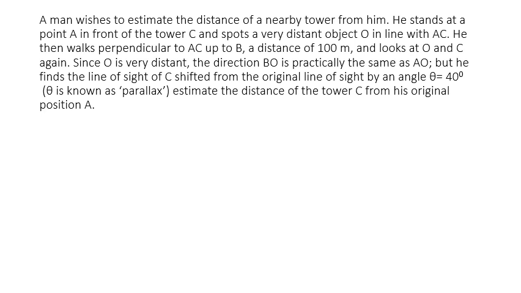Since O is very distant, the direction BO is practically the same as AO. But he finds the line of sight of C shifted from the original line of sight by an angle theta equal to 40 degree, where theta is known as parallax. Estimate the distance of the tower C from his original position A. Okay. Students, can you plot a diagram for this condition?